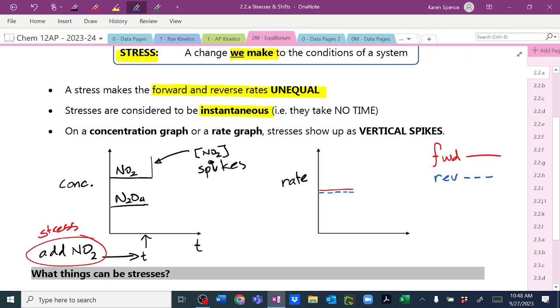Now let's say that our reaction was 2 NO2 in equilibrium with N2O4.